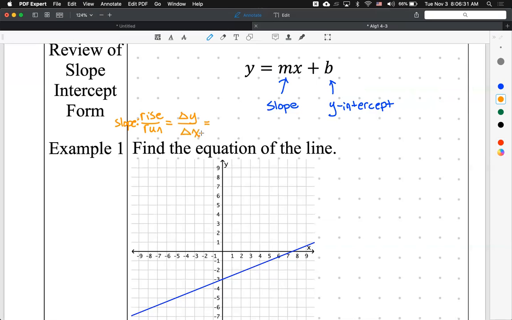Someone else give me another equation for slope. There's one more that's very, very useful, especially for today's lesson where there's a subtraction in the numerator and the denominator. Zeke? I was going to say change y over change x, but that's already taken.